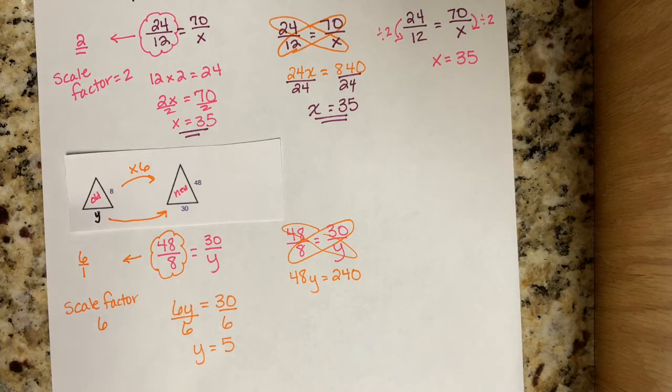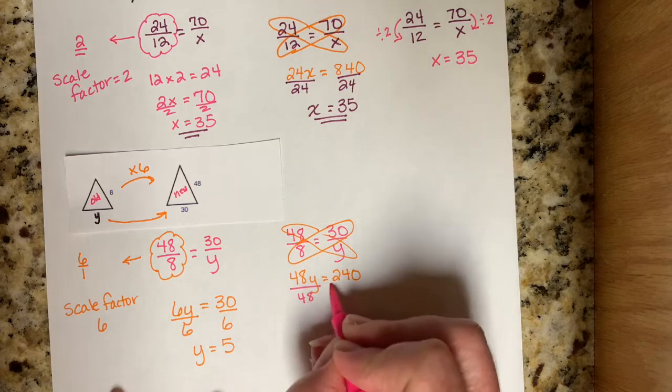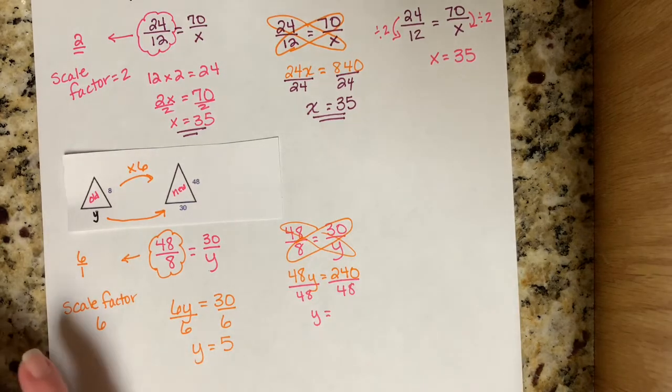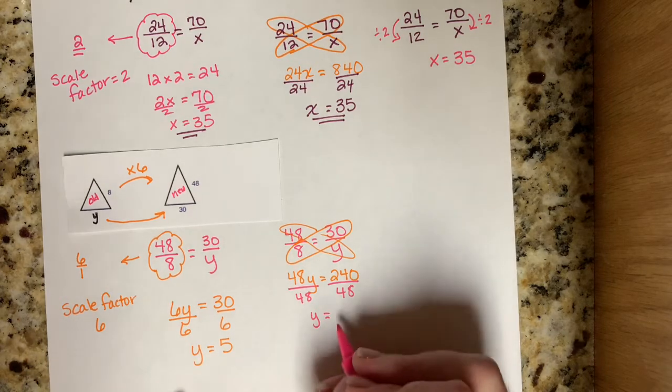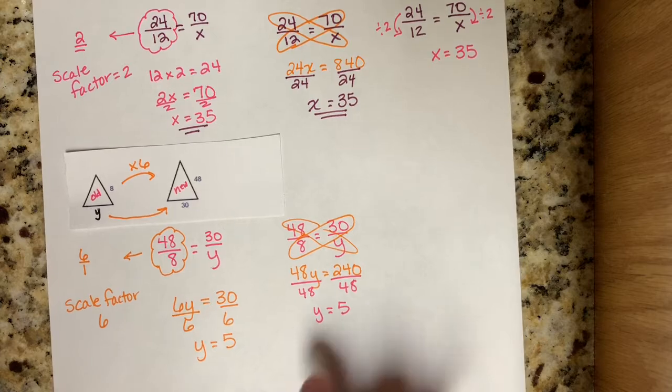And so now I know that 48 times y is 240. If I want my y by itself, I'm going to divide both sides by 48. And I find out that y equals 5, which is the same answer I got on the other problem.